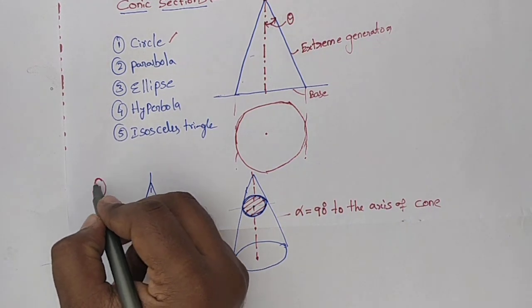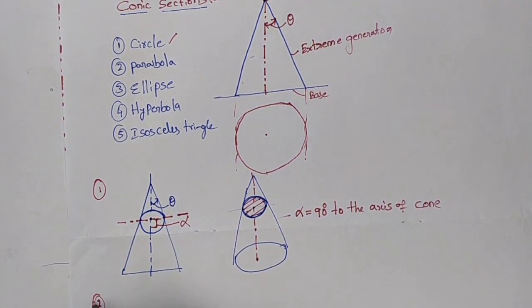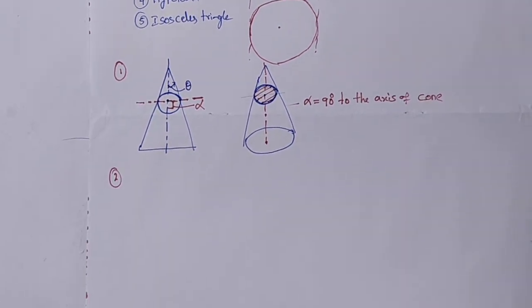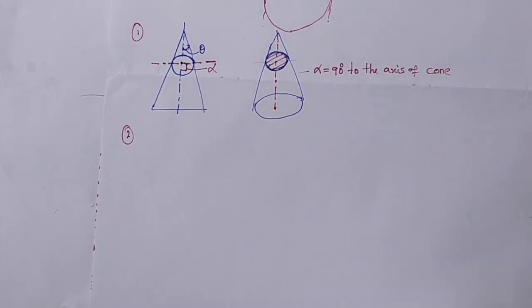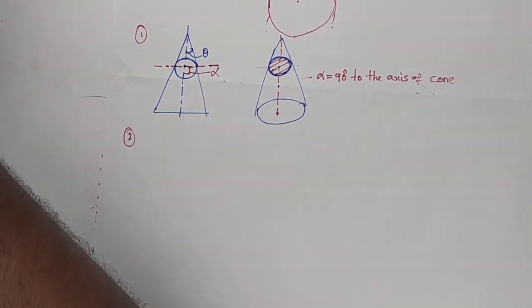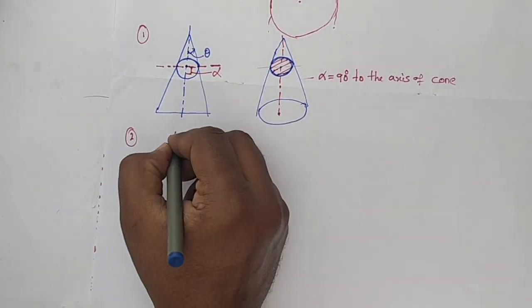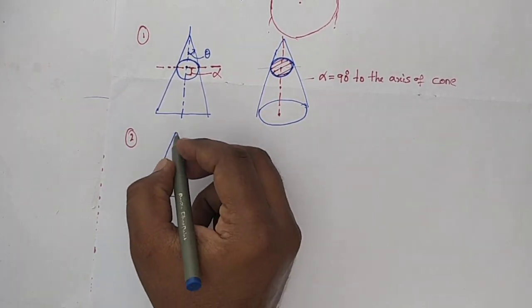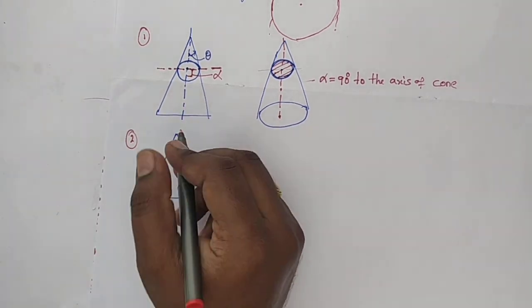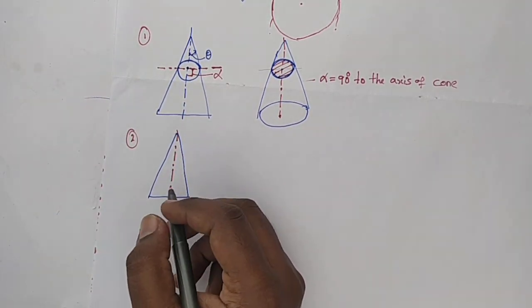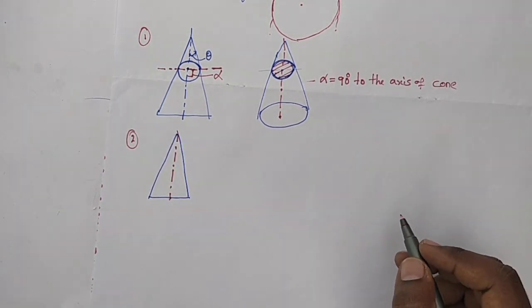Similarly, for the second case, the cone is cut by a section plane parallel to the extreme generator.